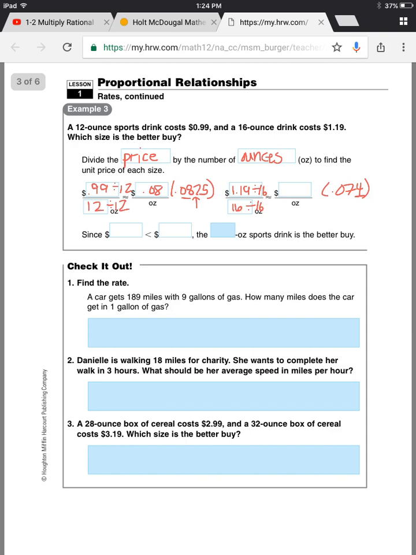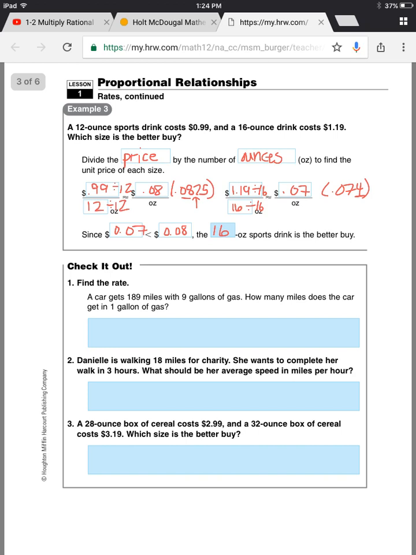Money only goes out 2 places, so we're rounding it to 0.07. So because 7 cents is less than 8 cents, the 16 ounce sports drink is a better buy.